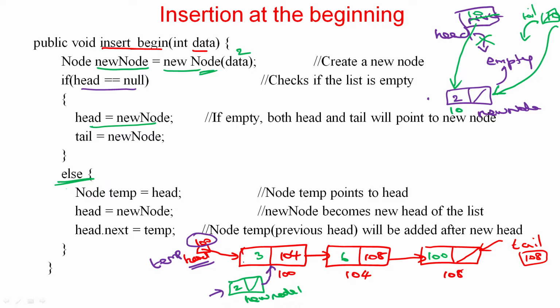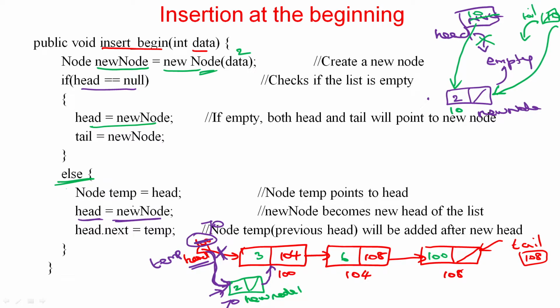Then this link also has to be broken. We have to establish this one. So this link now indicates the new node. Head equals new node. Suppose my new node address is 770, then instead of 100 we will overwrite 770. So if 770 is written, then automatically this link will be created and the previous link is broken.